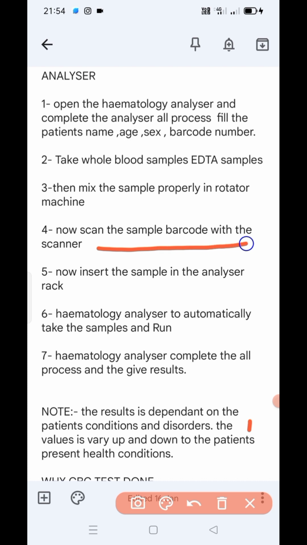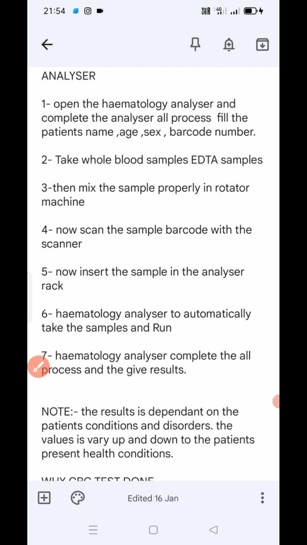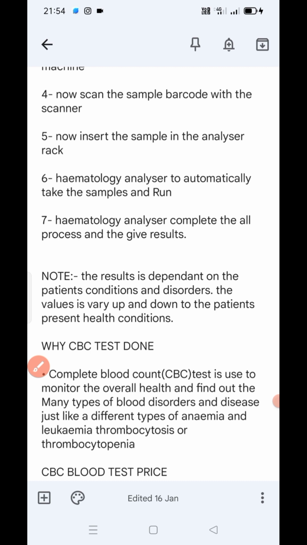Fourth, scan the sample barcode with the scanner. Then insert the sample in the analyzer rack. The hematology analyzer automatically takes the sample and runs it. The hematology analyzer completes the whole process and gives error-free results.